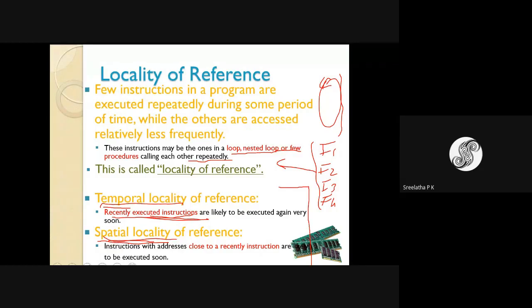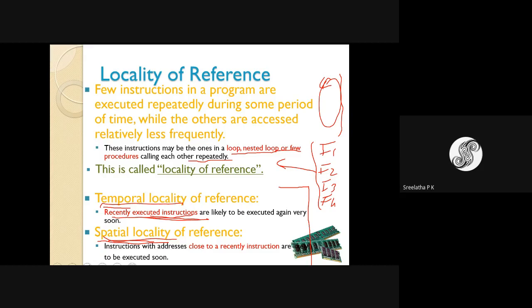The other way is all the instructions which are nearby the currently executing instruction, it need not be recently executed. Those nearby instructions are copied to cache memory. So that is two ways. Only recently executed instructions in cache memory, that is temporal locality. The other way is spatial locality of reference, means all the instructions which are nearby the currently executing instruction.